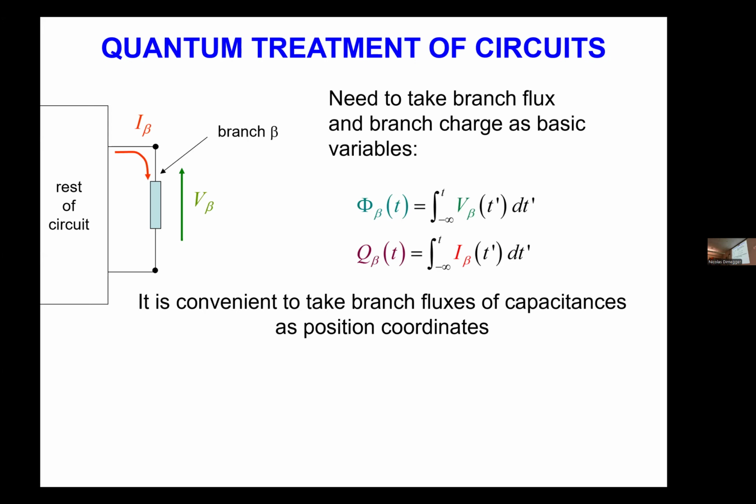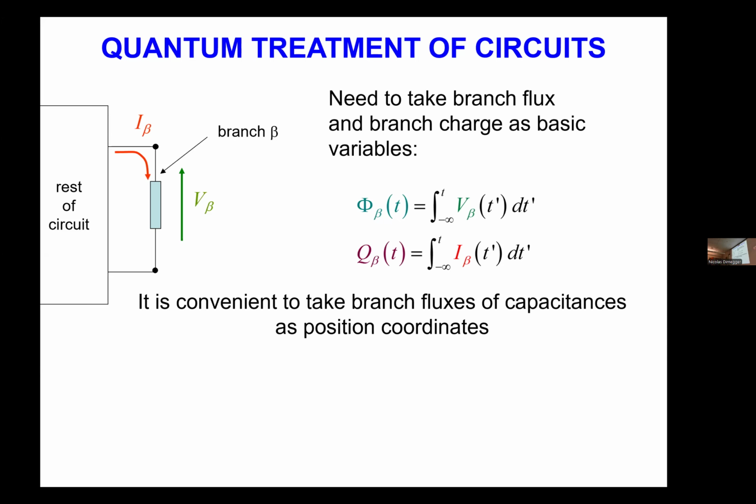Okay, so we are going to do eventually a quantum treatment of circuits, and this imposes that we not deal with currents and voltages, but with their time integrals. So we define the generalized flux here.